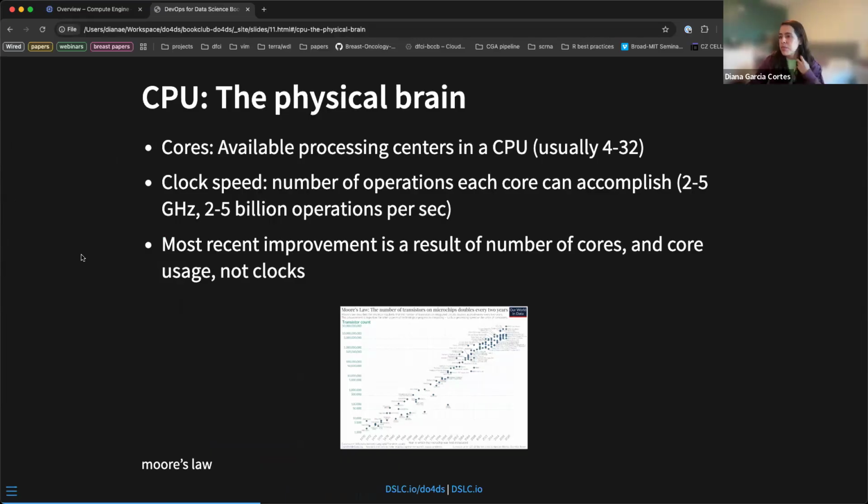It stands for Central Processing Unit, and every CPU has a specific set of cores, usually from 4 to 32 for personal computers. I don't know if you remember when the first Intel computers launched, the dual core Intels. That was such a big thing, but that was many years ago.